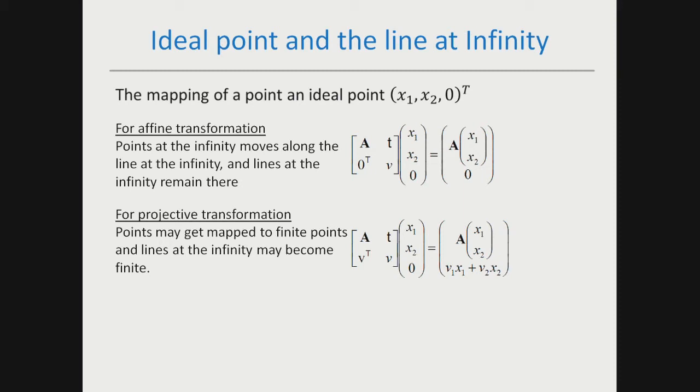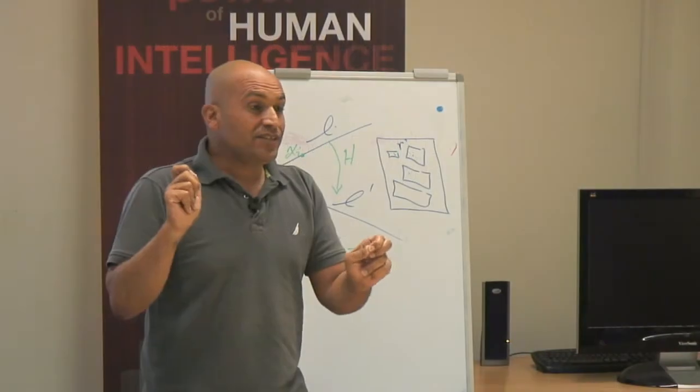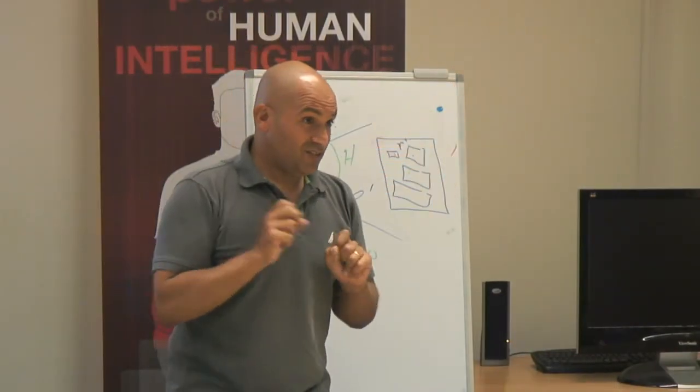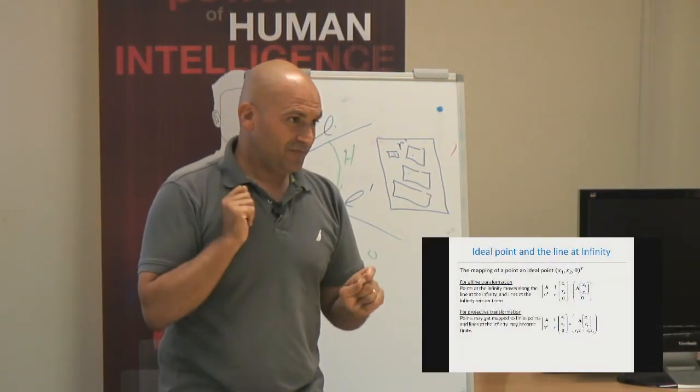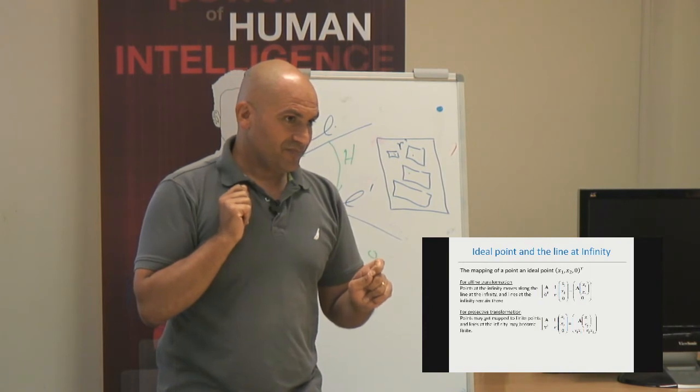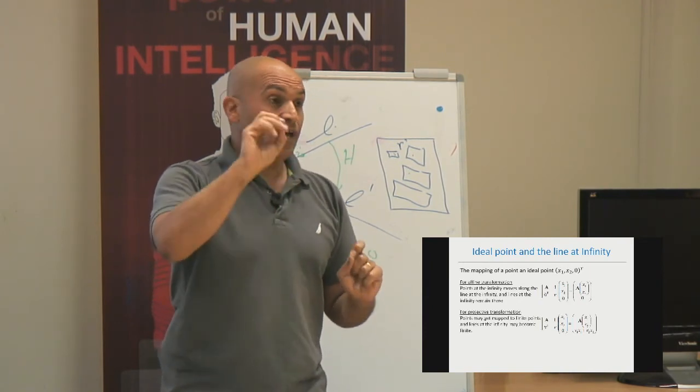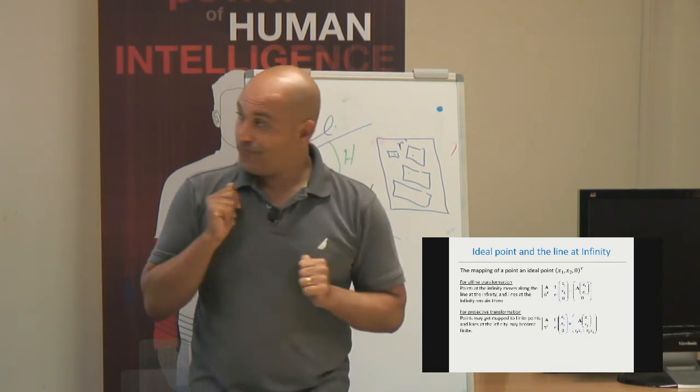The same with lines: the points along the line at infinity remain along the same line, moving along the line at infinity. And points anyway remain at infinity.